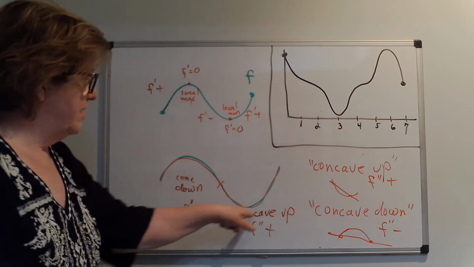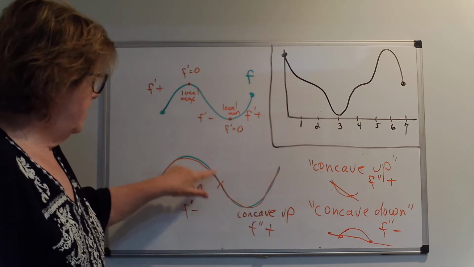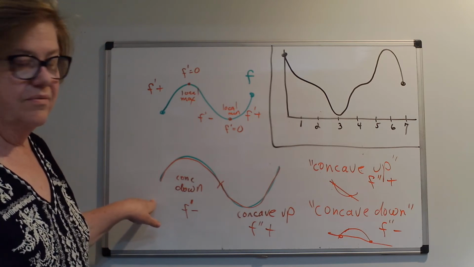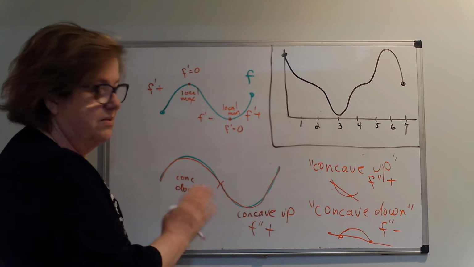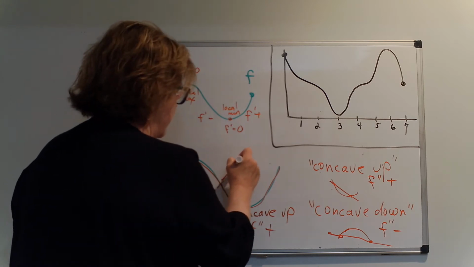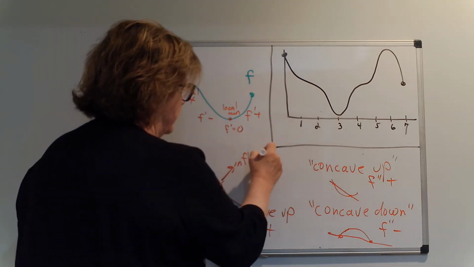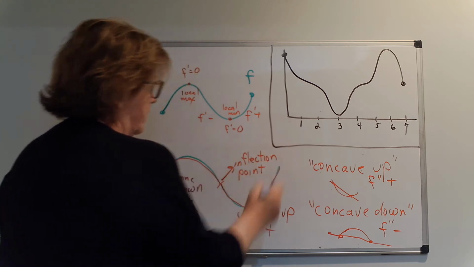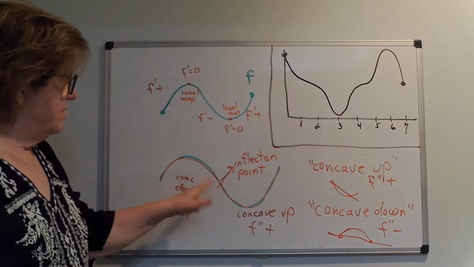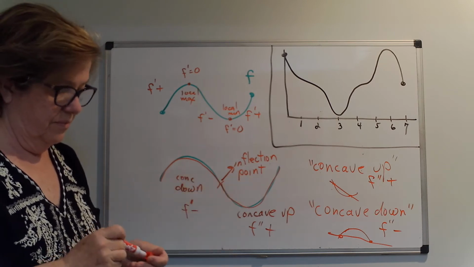So here the second derivative's positive, here the second derivative's negative. Where it changes from negative to positive or positive to negative is called an inflection point. So where it changes concavity is an inflection point.